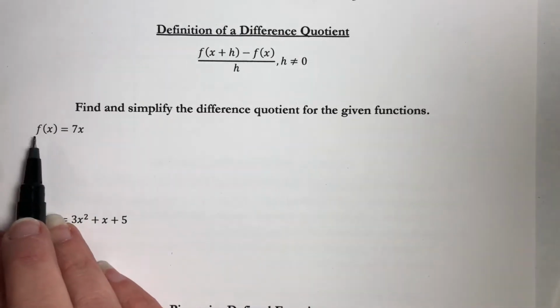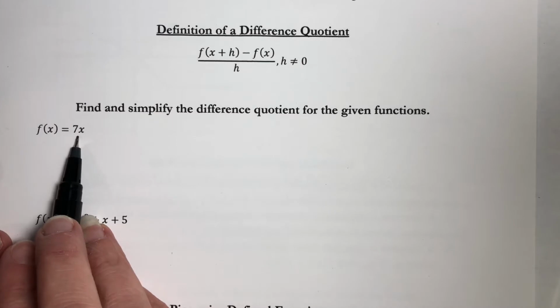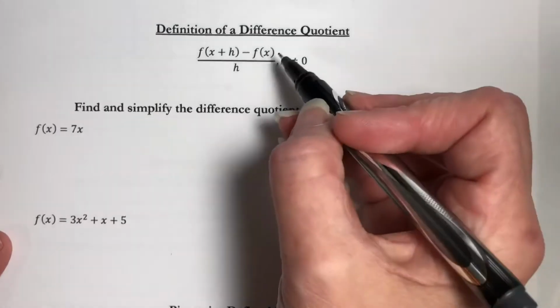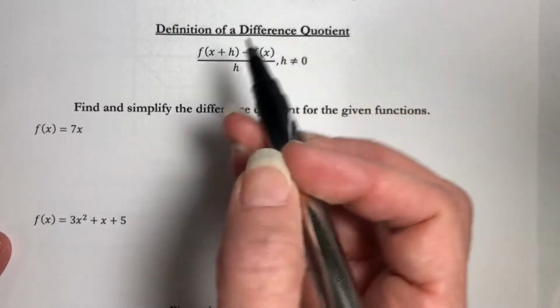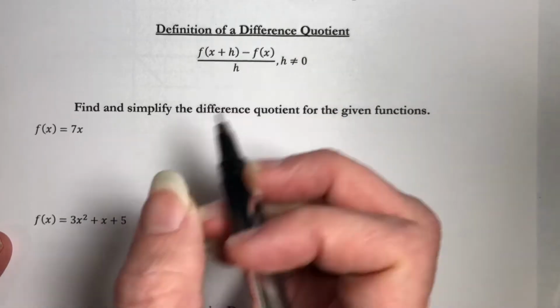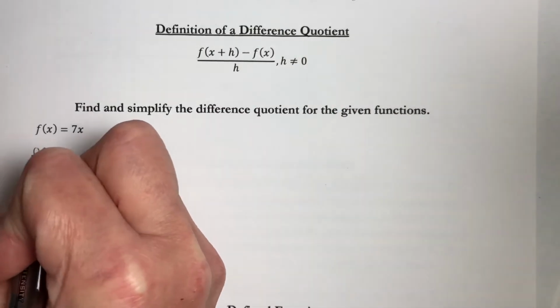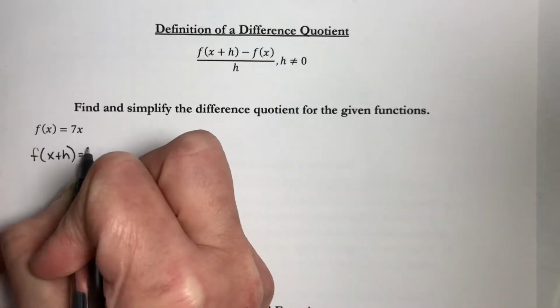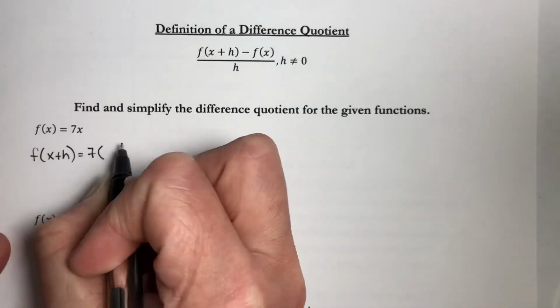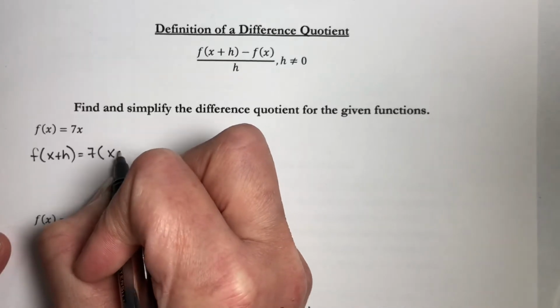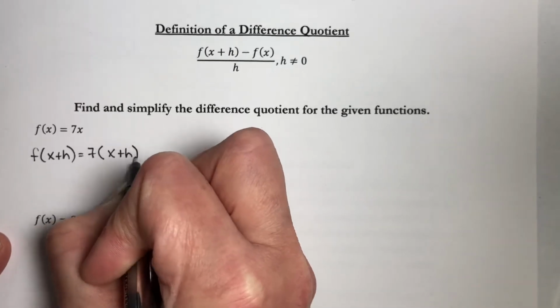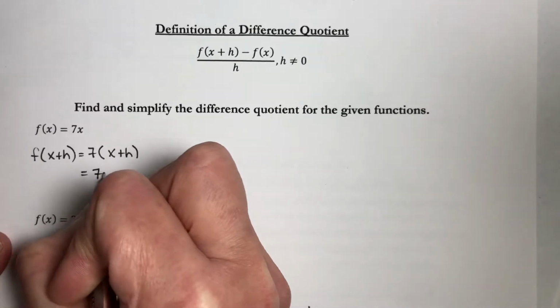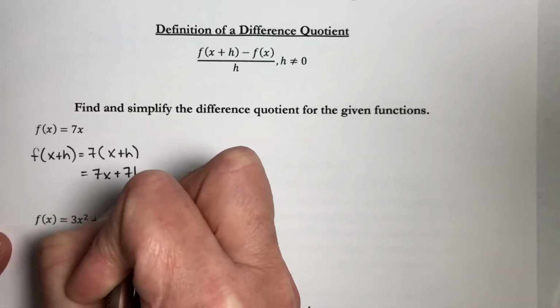So right here, I'm given f of x equals 7x. So this piece is going to go right here. Now I also need to calculate f of x plus h. So this means I have 7 times x plus h, which is 7x plus 7h.